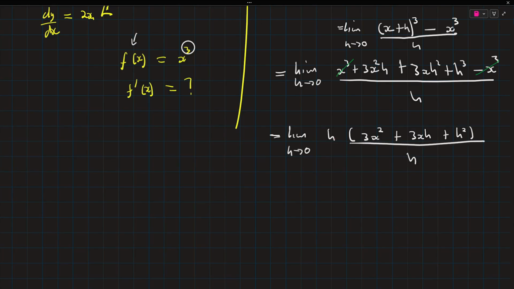So this h and this h cancel. Now there is no h on the denominator, which means there is nothing to fear. Our h can be 0. But remember, if our h becomes 0, this and this will disappear. There will be zeros. I will be left with 3x squared. That's all.